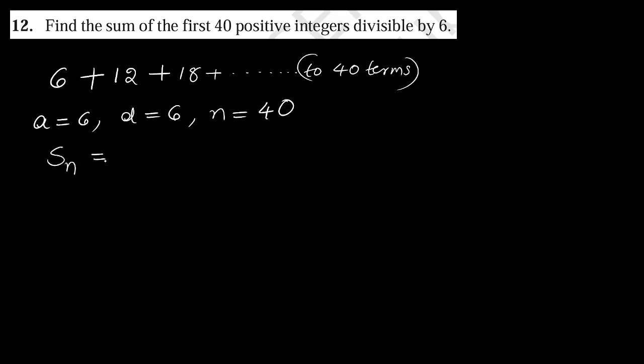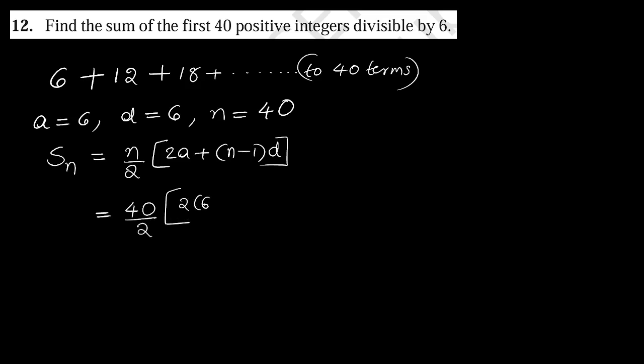Sn I want: n by 2 into 2a plus n minus 1 into d. n is 40. 2a will be 2 into 6, plus n minus 1 will be 39. d is 6.